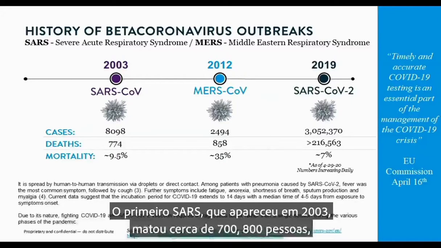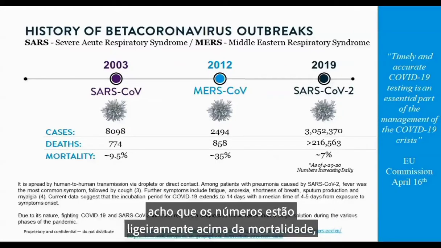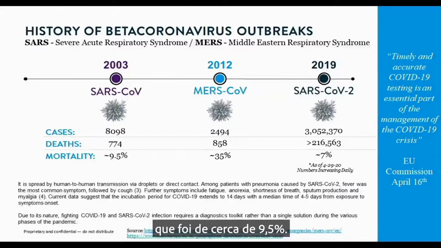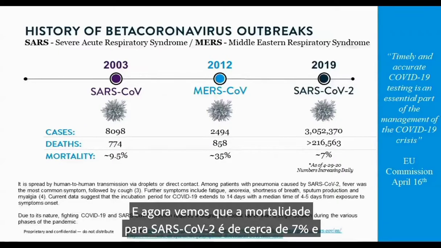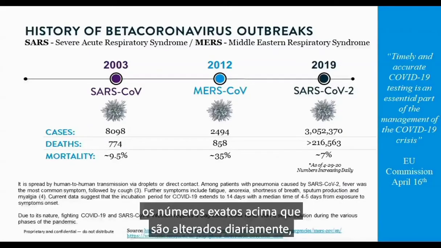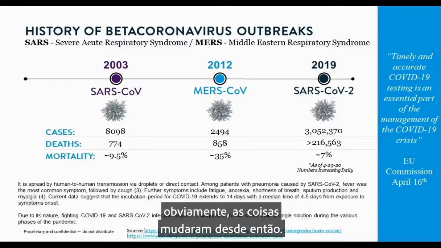But the first SARS that came around in 2003, I think it killed about 700 or 800 people. I think the numbers vary very slightly. But the mortality was about 9.5%. If we look at MERS, the mortality was significantly higher at 35%. And now we see the SARS CoV-2 mortality is about 7%, and the exact numbers above that change daily. And these numbers were taken from the end of April, so obviously things have changed since then.